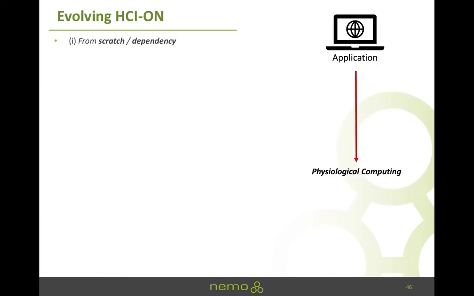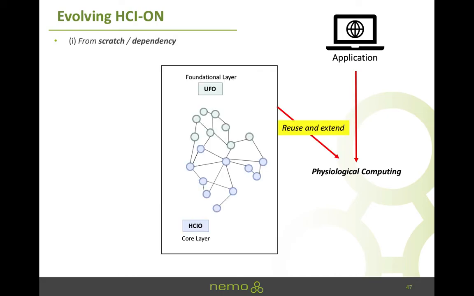To make it clear how ontologies can be built from scratch using dependence relationship, imagine that an application needs an ontology about physiological computing, so we can reuse and extend the network conceptualization to create it.